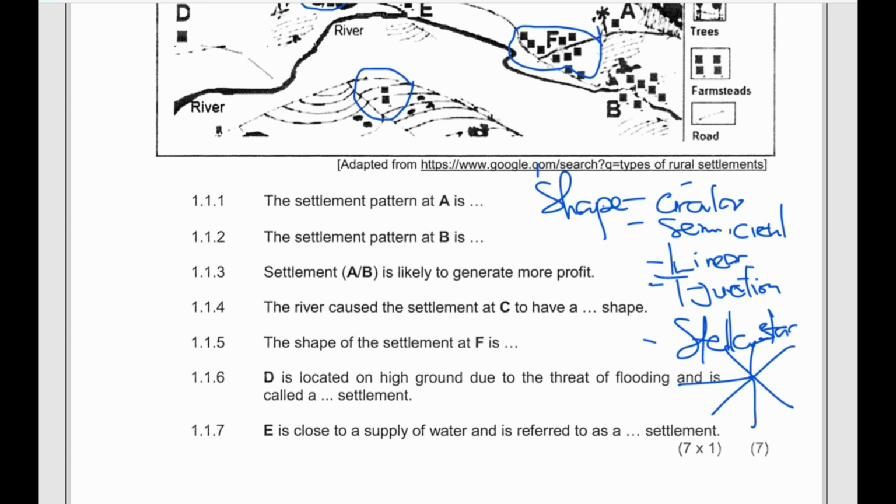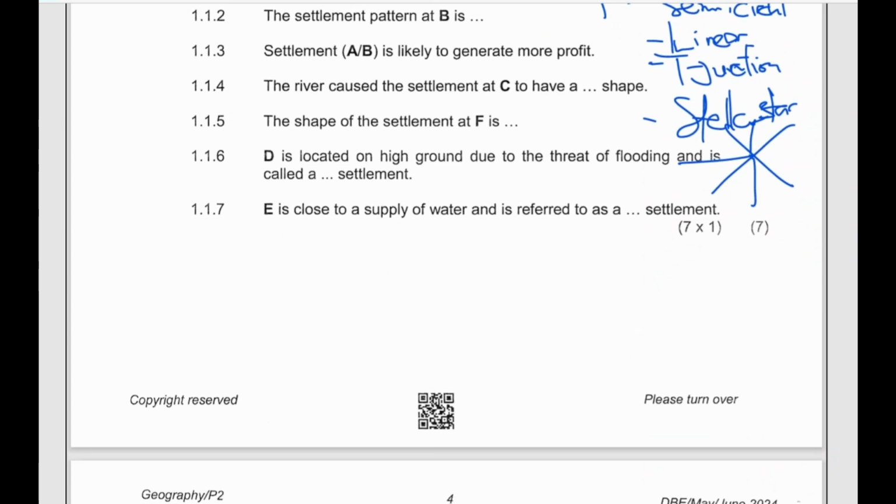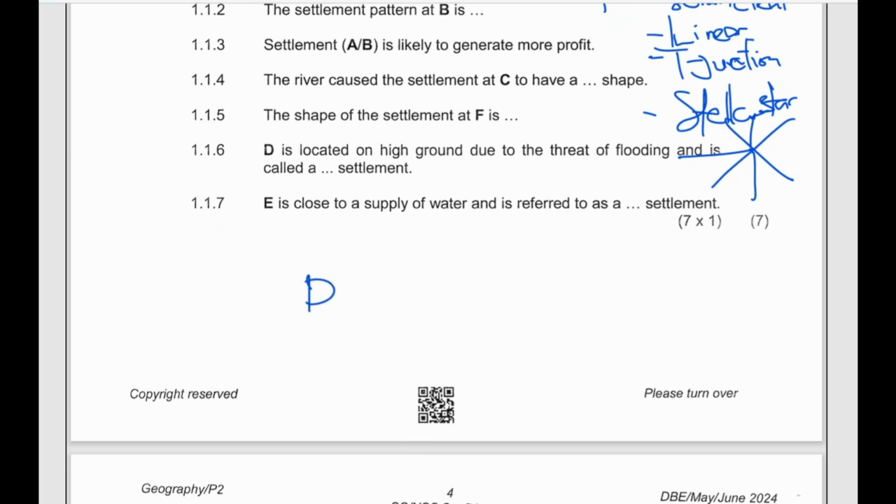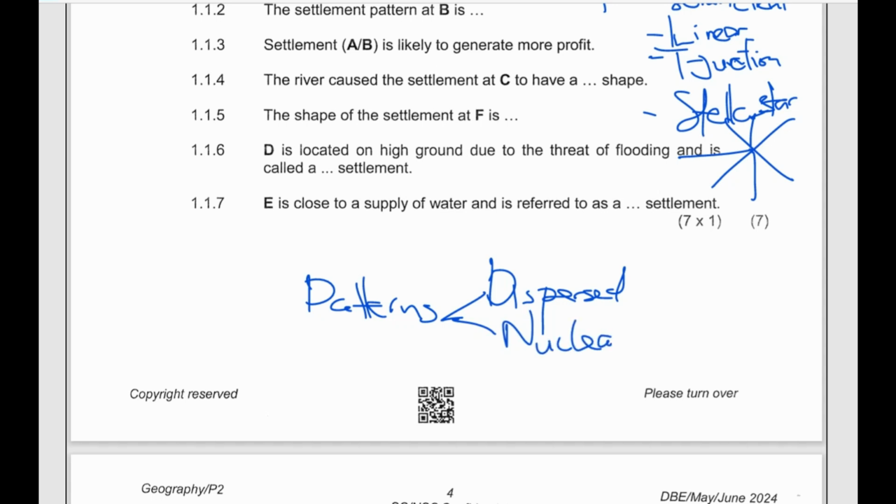But when we are talking of settlement pattern, now we are talking of something different. Under settlement patterns, we need to be clear. Whenever you get a question which asks about the settlement pattern, remember we have 2 patterns of settlement. It's either the settlement is dispersed, or the settlement is nucleated.